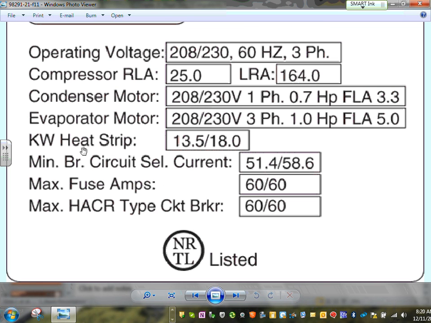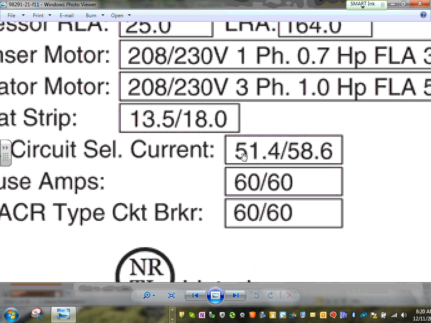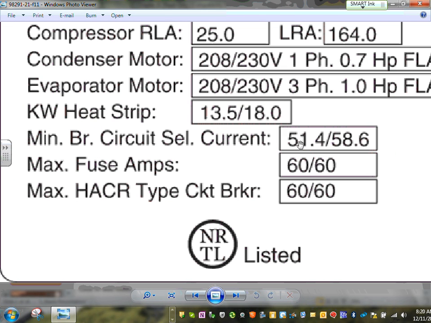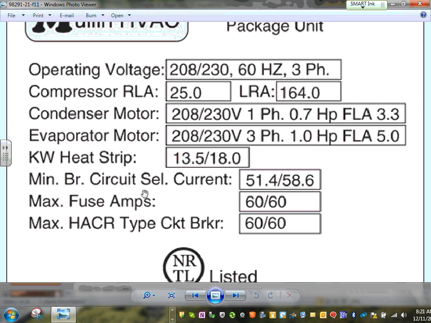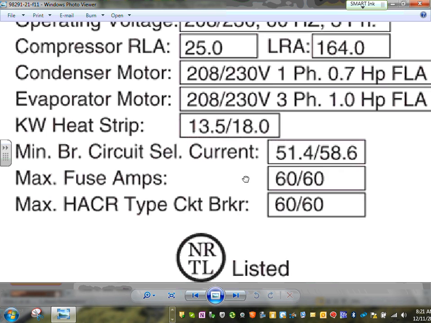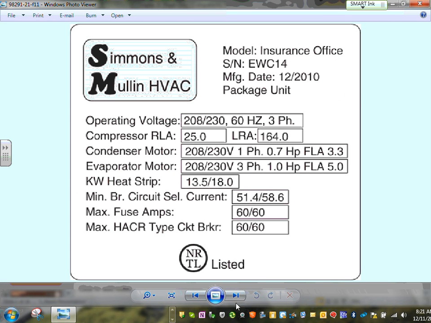We have the kilowatt heat strip in it. And the most important thing, Adam, is the minimum branch circuit selection current, which gives you how much current the whole system is going to take. The maximum fuse or circuit breaker is also given. Minimum branch circuit selection current and maximum fuse or circuit breaker are used to size your cables and feeders.